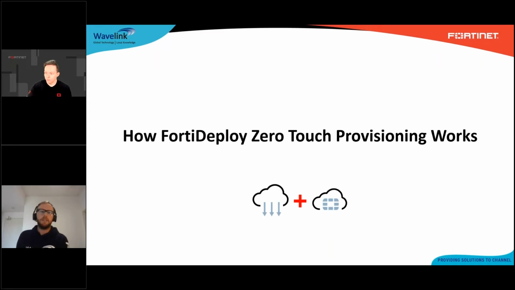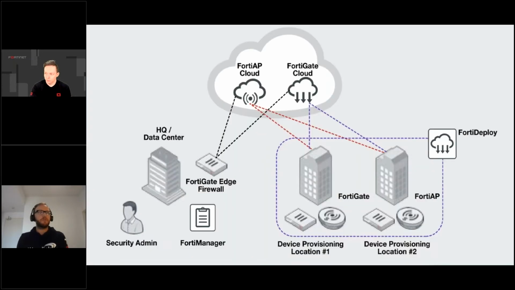So at a high level, how does this FortiDeploy solution work for zero-touch provisioning? There's this really great slide that I found in the Fortinet docs that highlights it fairly well. When the customer visits the FortiCloud.com portal, they can either register the individual FortiCloud keys for each of their devices, which you can imagine for a deployment of 100 devices is quite slow.